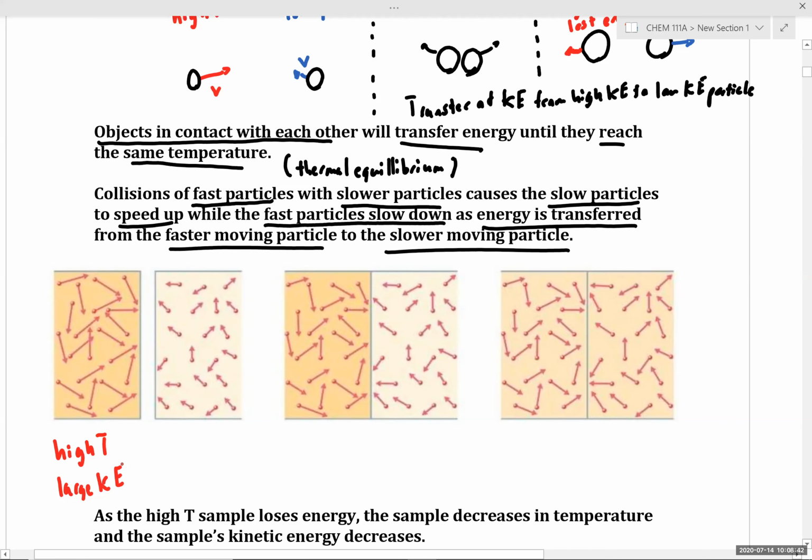Why was I able to immediately assign the box on the left as our high temperature sample initially? What is so special about this sample? What's my key indicator? What's true about the high temperature sample?